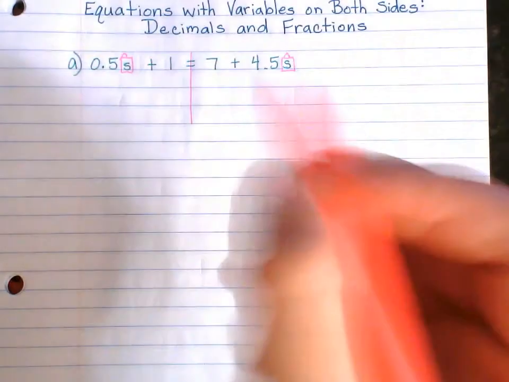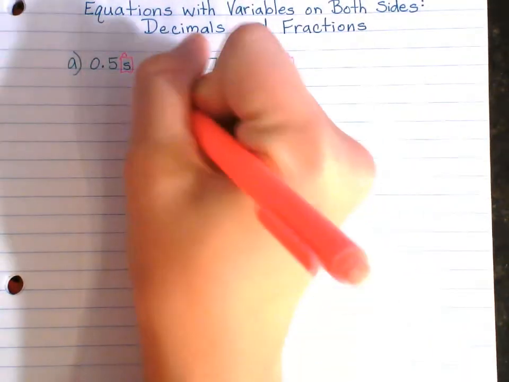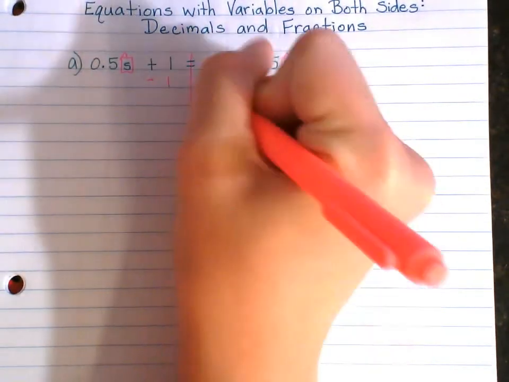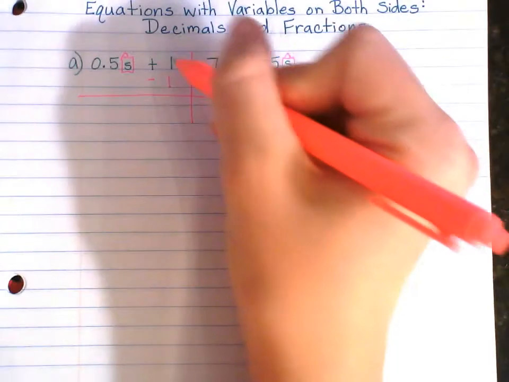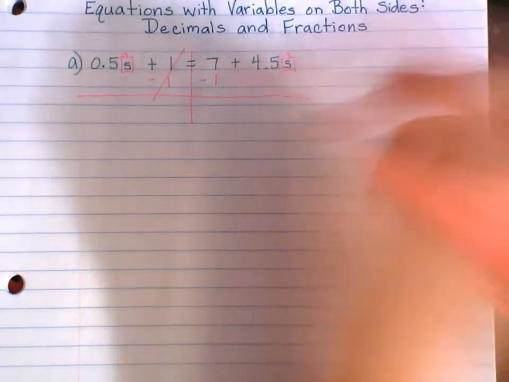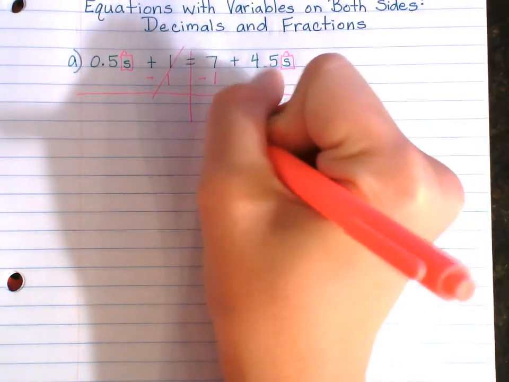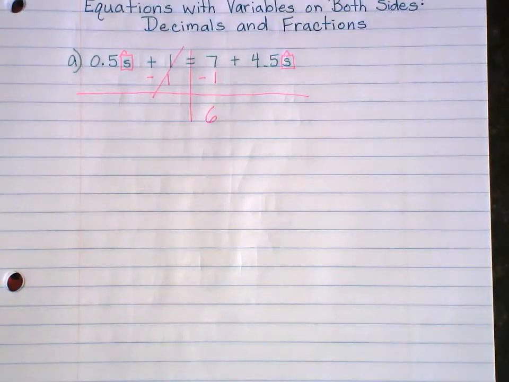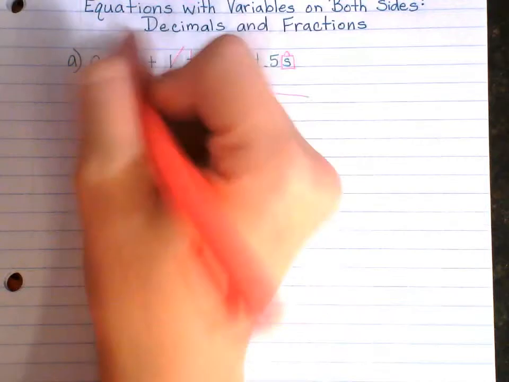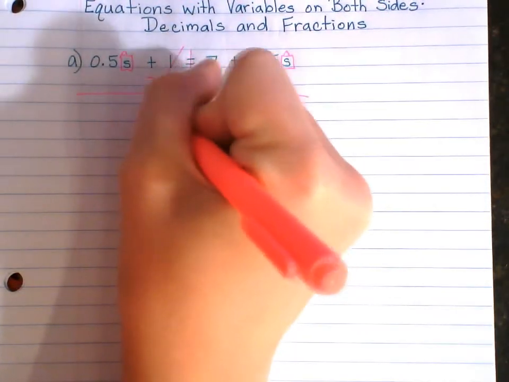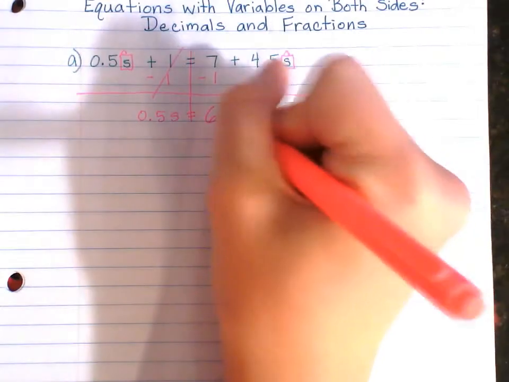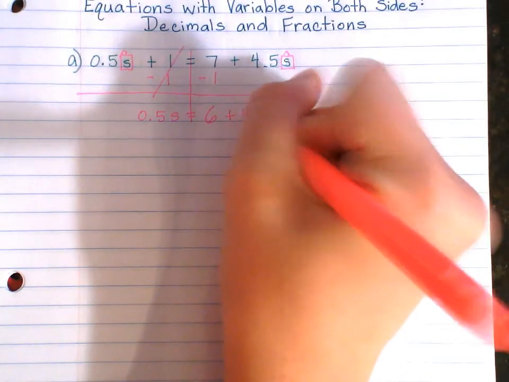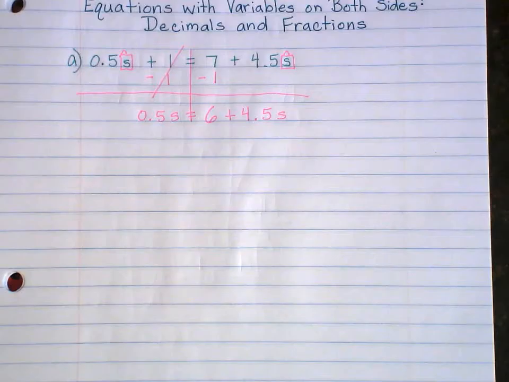So I'm going to do the constants first. I'm going to subtract 1 from both sides so that I can keep my numbers positive. 1 minus 1 cancels out. 7 minus 1 is 6. That leaves me with 0.5s on this side equals 6 plus 4.5s.